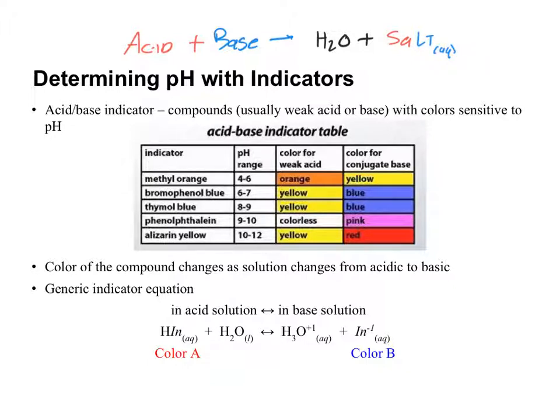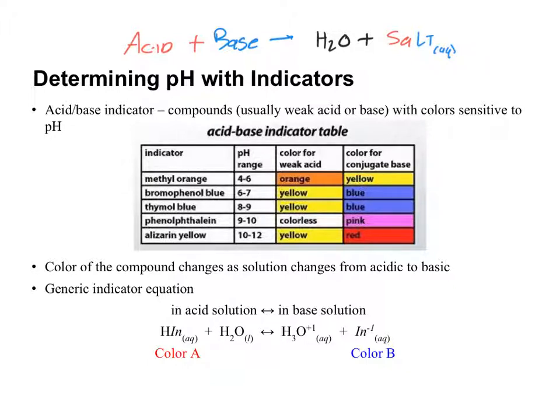Now, the acid-base indicator that we are going to use tomorrow is on this list. It's the fourth one from the top, called phenolphthalein. When you put the phenolphthalein, which is a weak acid, into an acid, it stays colorless or clear.